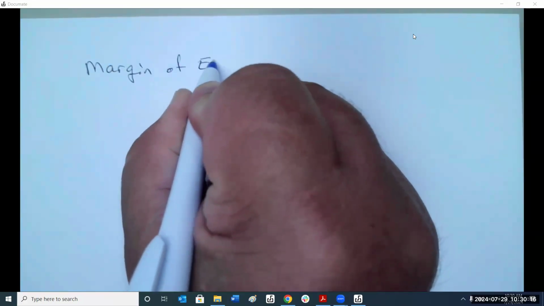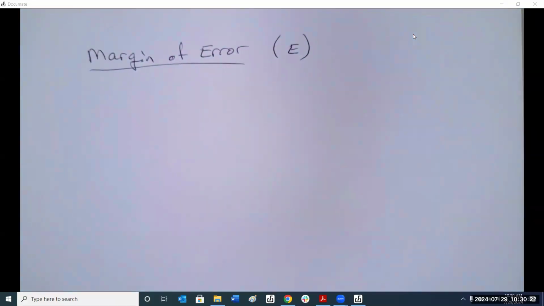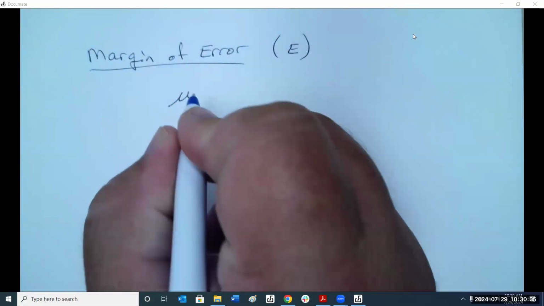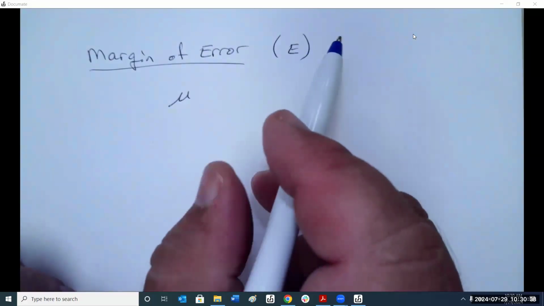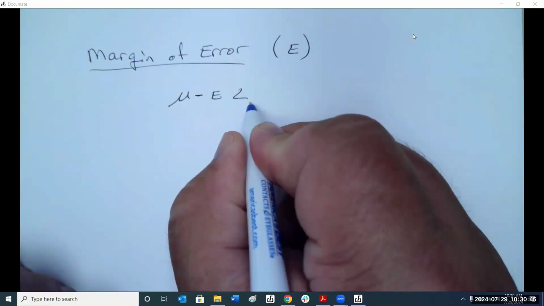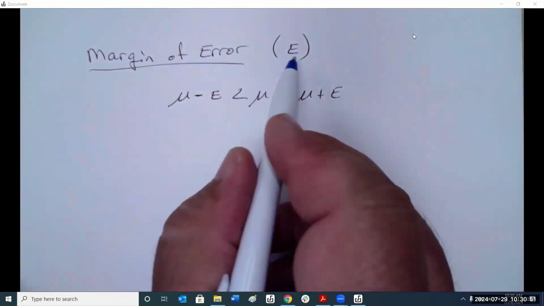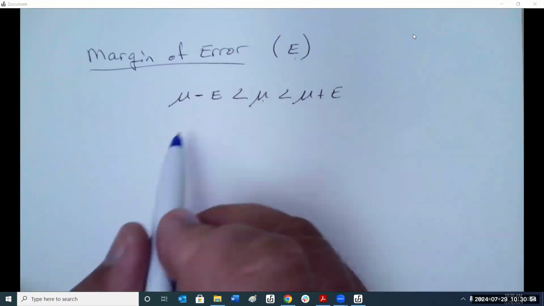Whenever we do that, we have to find what's called the margin of error, which is E. Once we find the error, we take it from our mean, add and subtract it.